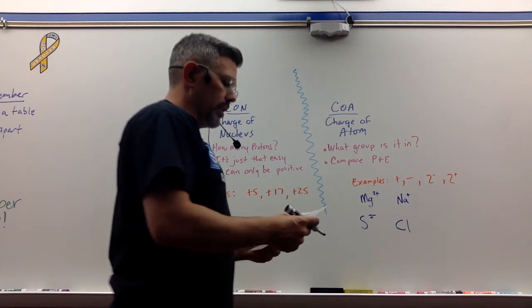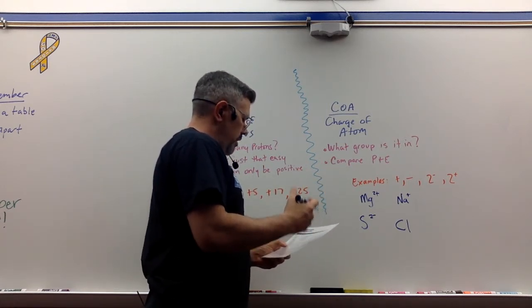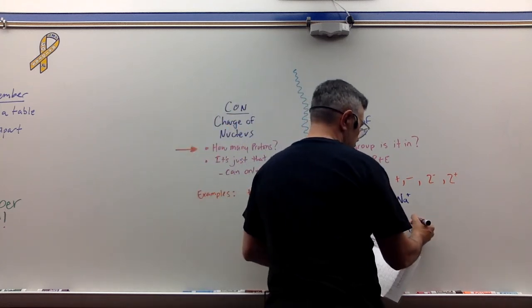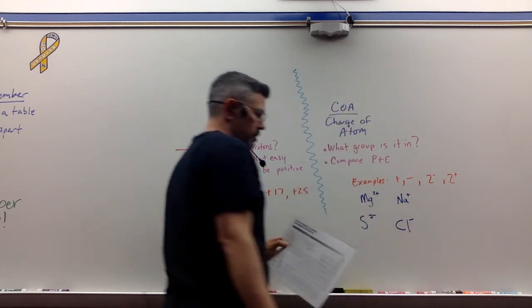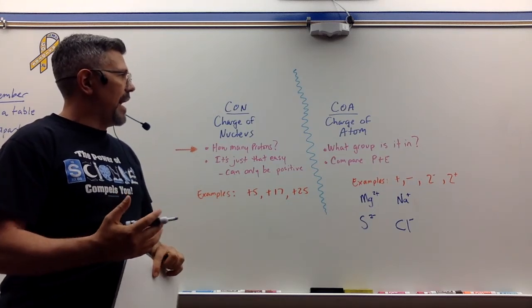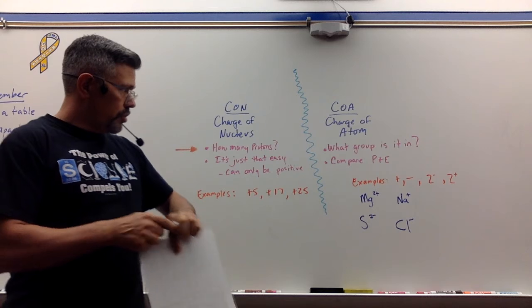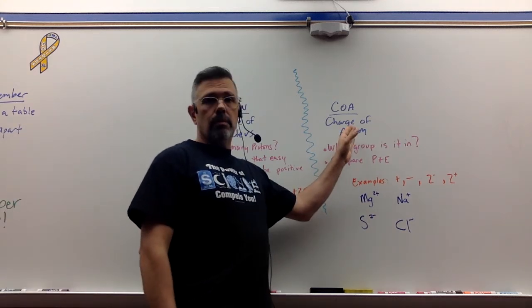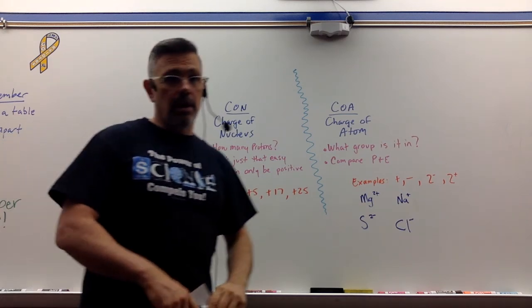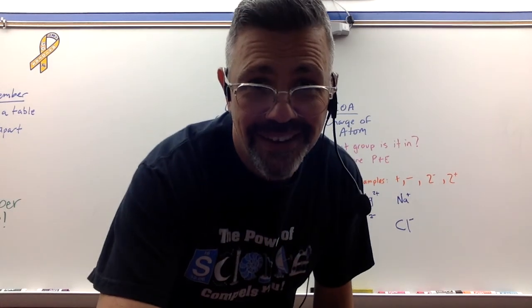It will gain the electron that sodium wants to get rid of, and so its charge will be just a minus. And that is how you do charge of the atom, which is different from the charge of the nucleus. All right, guys, that was all about charges. See you in class.